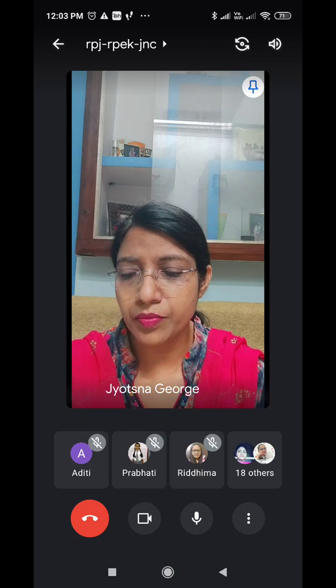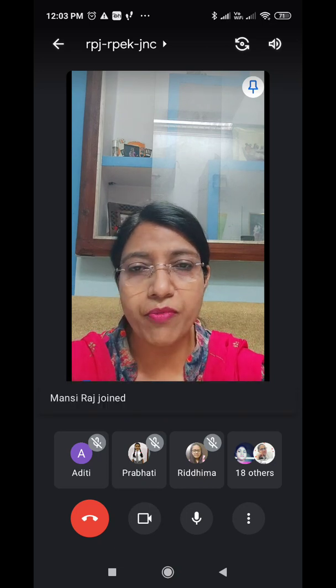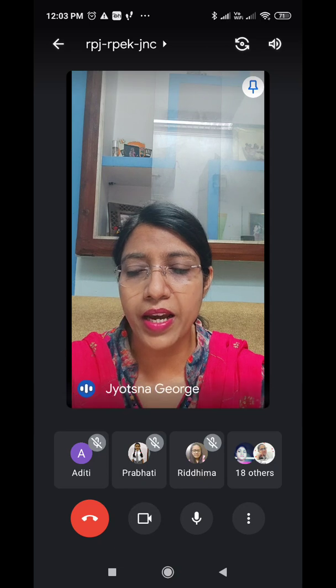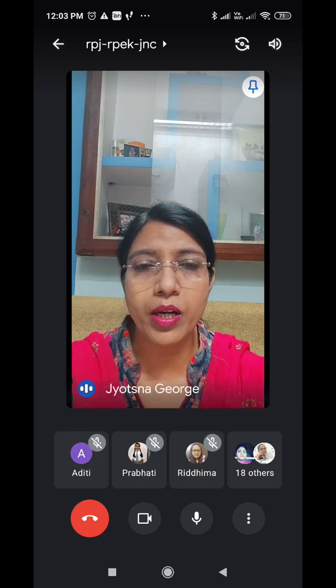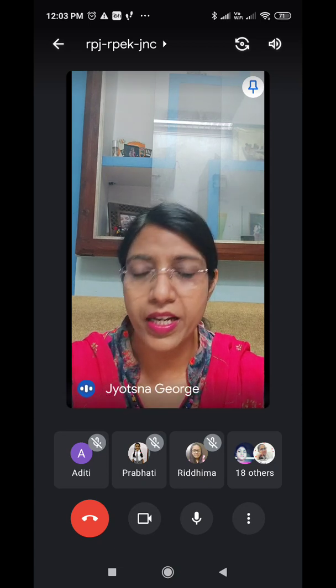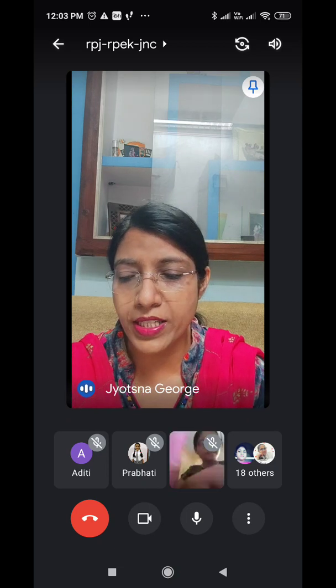Then the next is relative pronoun. Relative pronouns refer to a noun or a pronoun mentioned previously, and they are also used to join sentences.